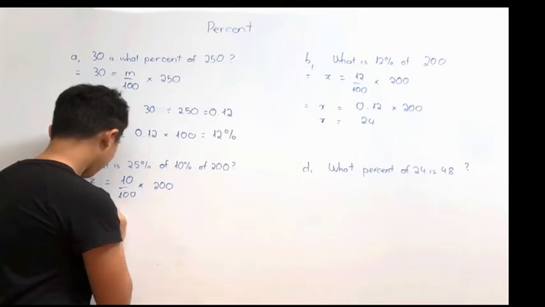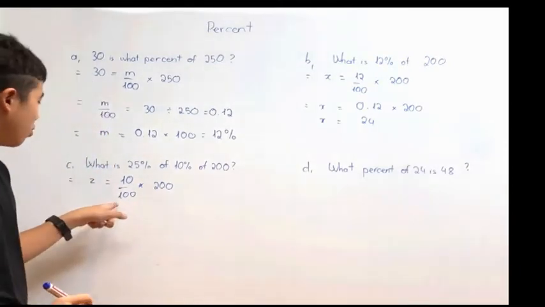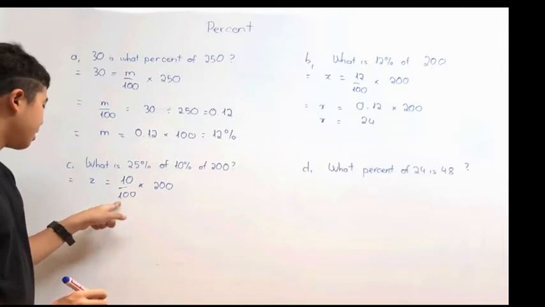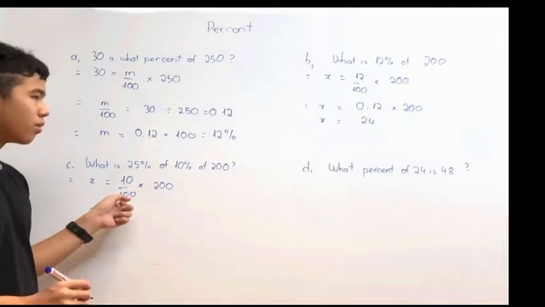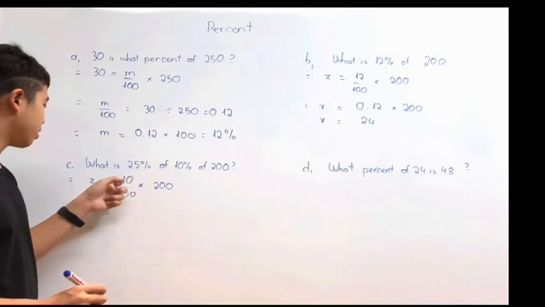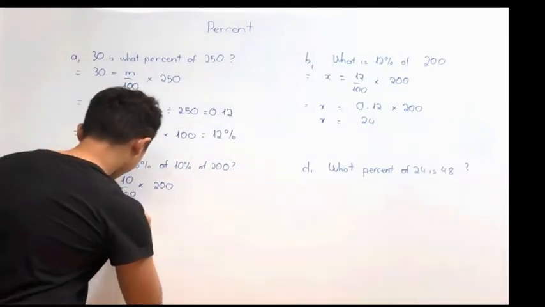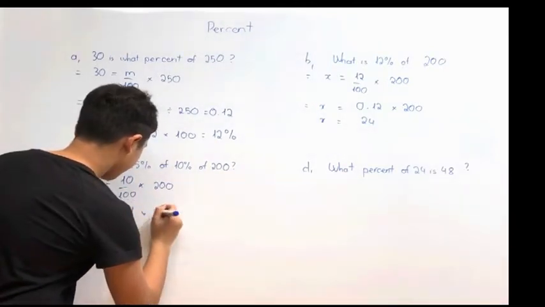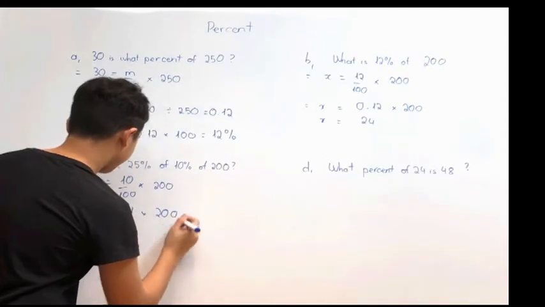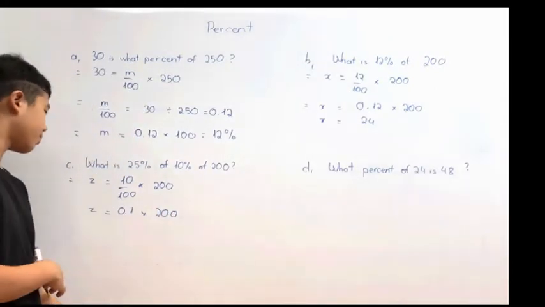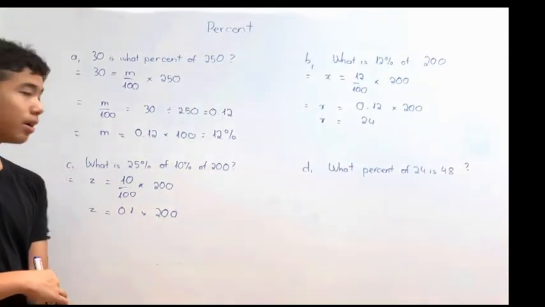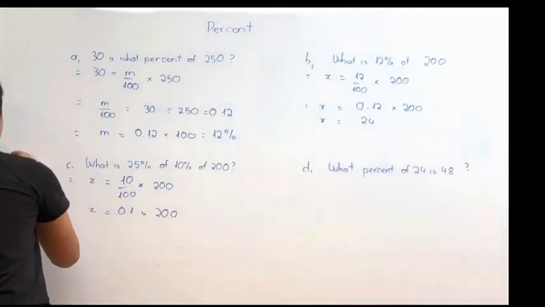So z will be equal to 10 over 100, which is 0.1, times 200. So 0.1 times 200, let's do it right here.